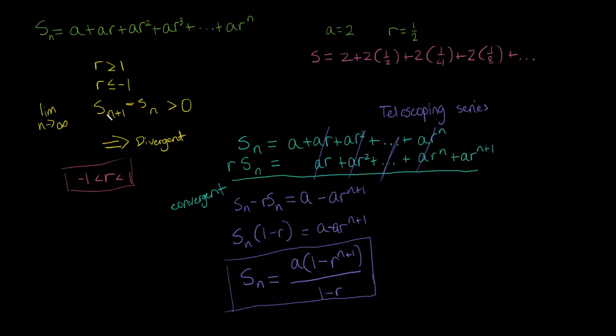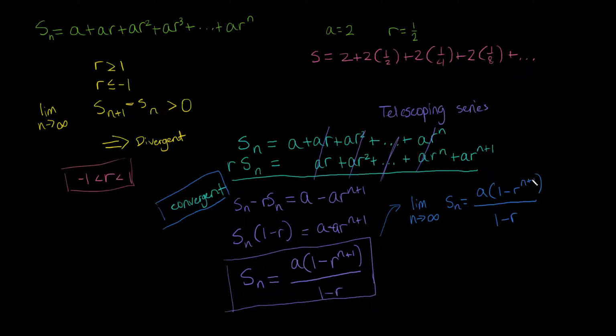And of course, if you ask for the limit as n grows to infinity of this Sn, you will get a times 1 minus r to the n plus 1, again, divided by 1 minus r. But n goes to infinity, and we had the assumption, to make the series convergent, that r is between -1 and 1.